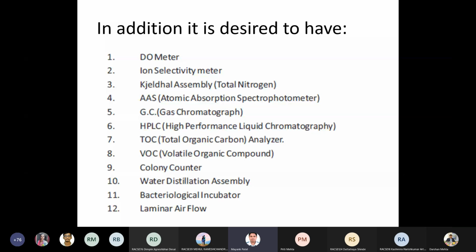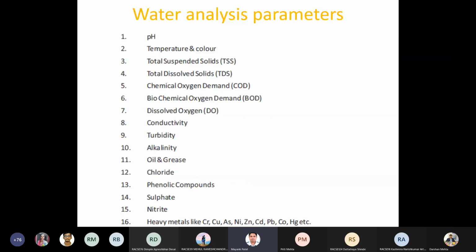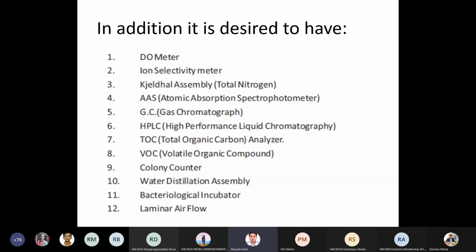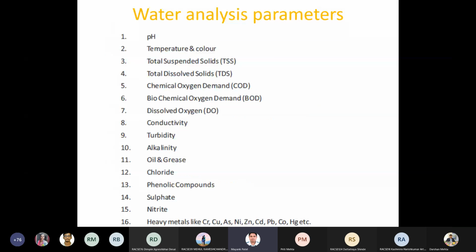And these are the parameters you need to conduct when you do environmental auditing. So these are the various parameters. Some of these parameters will be done with the help of these instruments, whereas the advanced parameters require these instruments. So you will likewise carry out the analysis.